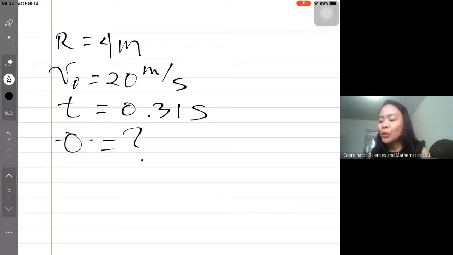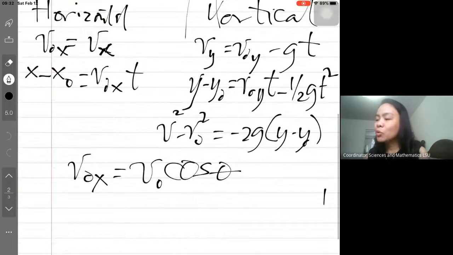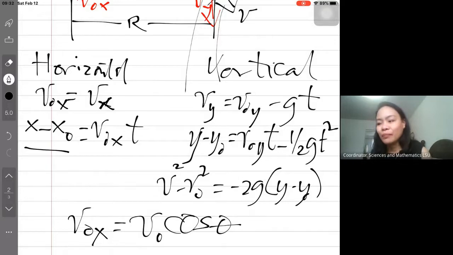Now going back to our equations for projectile motion, we can easily identify which equations we are going to use from the given. We were given 4 meters, that is the range, so we have here the range formula. We are given the initial speed, 20 meters per second, so maybe we can use this formula.